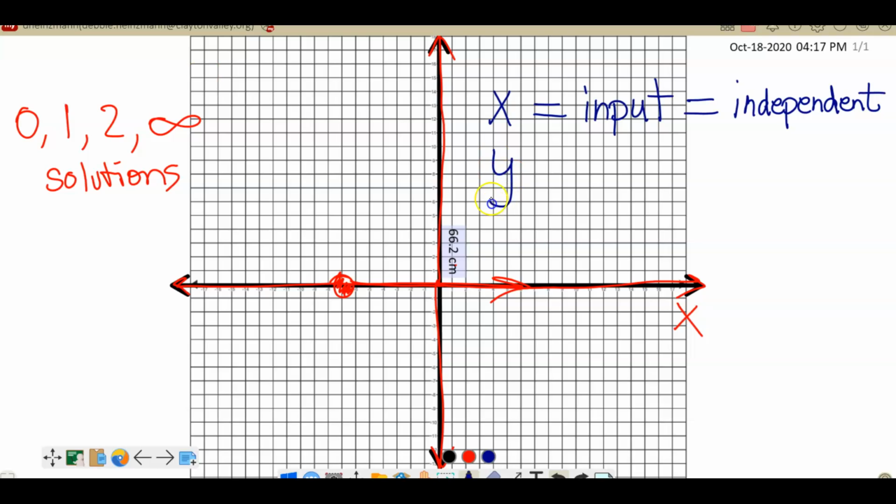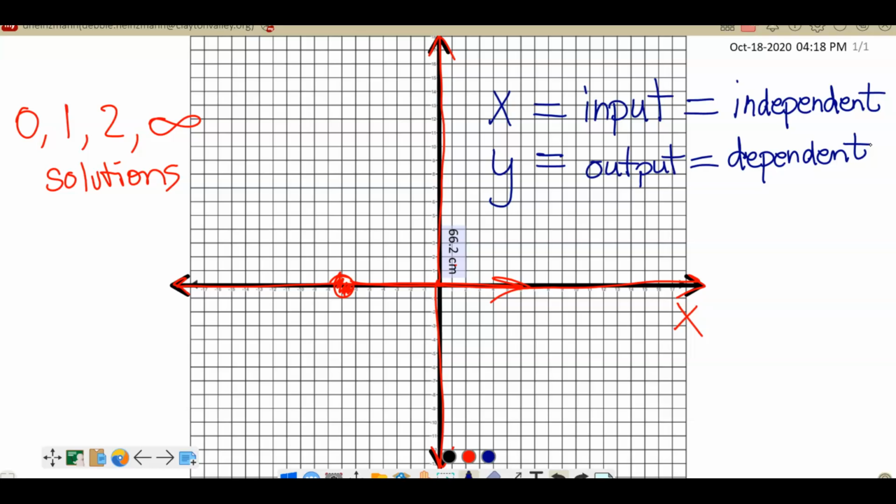Y is the output. It is dependent on whatever x is. And once again, this will make more sense to you as we move forward in the future. But for right now, let's just concentrate on wrapping our brain around this.